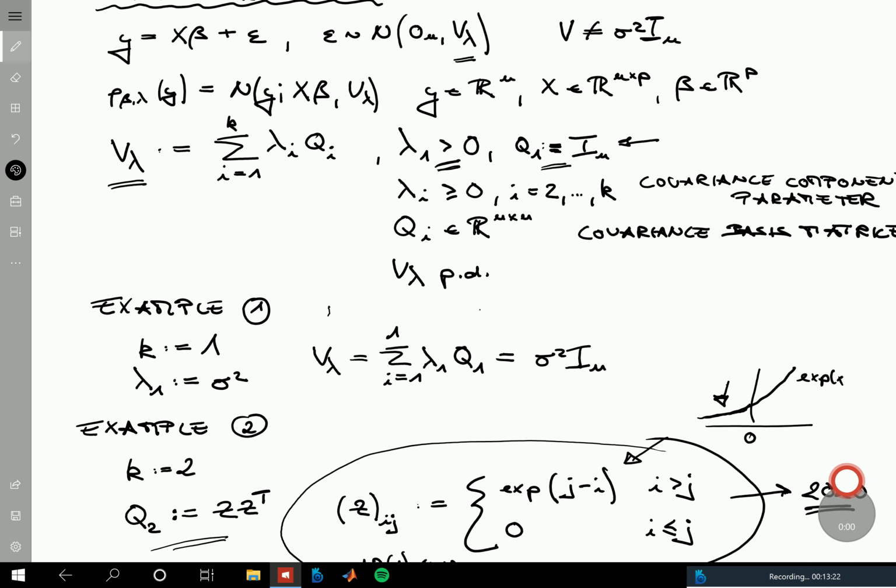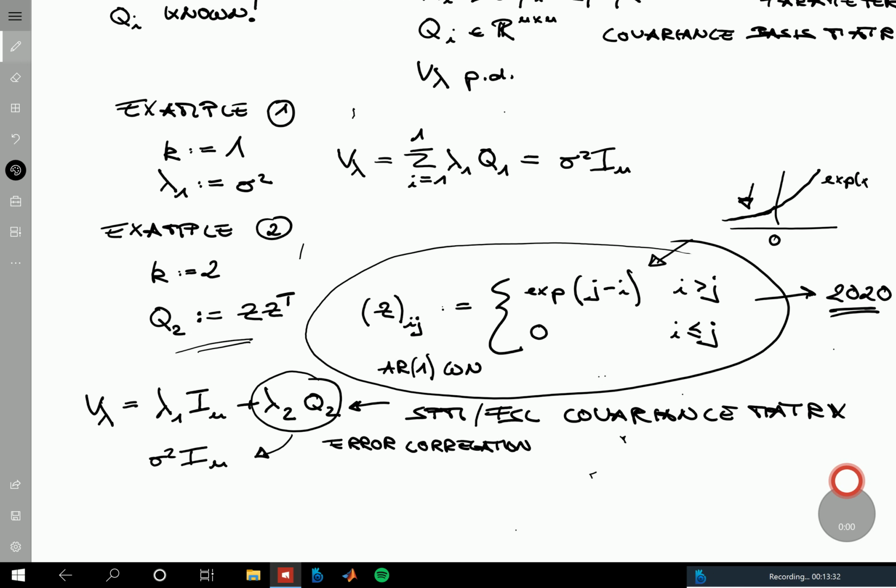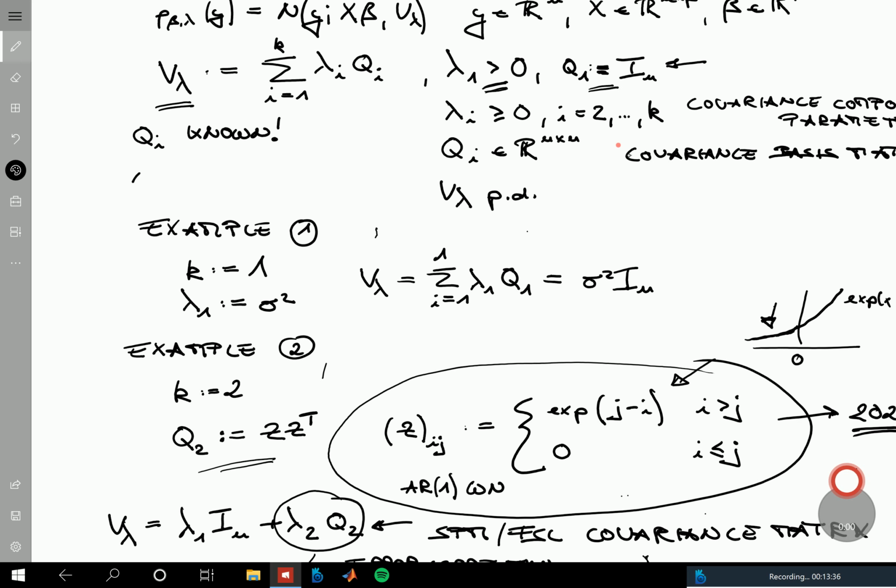And one other thing that is very important that I haven't said yet: the Q_i are assumed to be known. So for example, this matrix that we use in fMRI is a fixed matrix that we know, but the lambda i are the parameters, and sometimes these are also referred to as the covariance components. They are unknown.